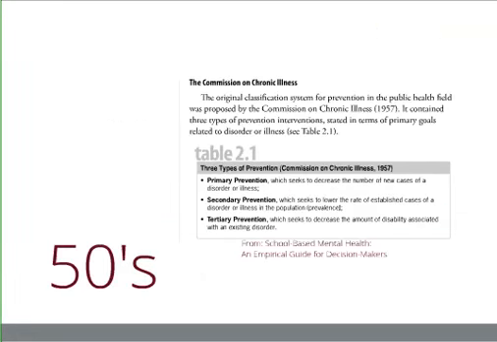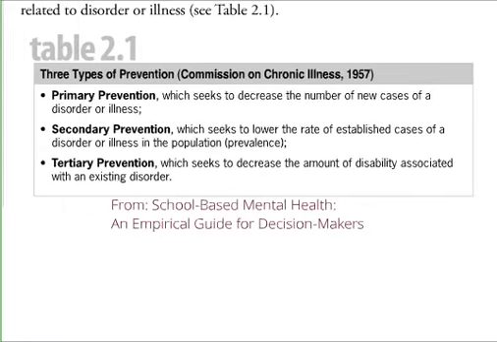Now, folks in the field of public health will tell you, and rightly so, that prevention has been a goal of public health since the time of the ancients, and improvements in water projects and sewer projects. But our story starts in the 50s with the Commission on Chronic Illness, when they developed a 3-level system of prevention, in which the primary level would seek to decrease the number of new cases of a disorder or illness.